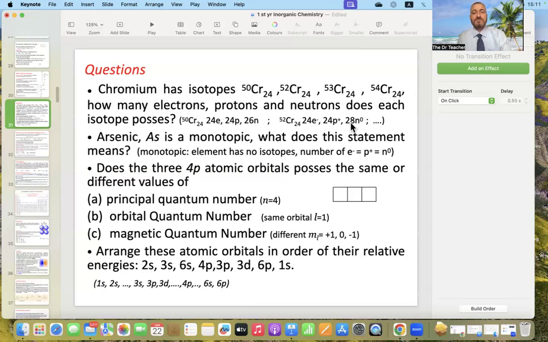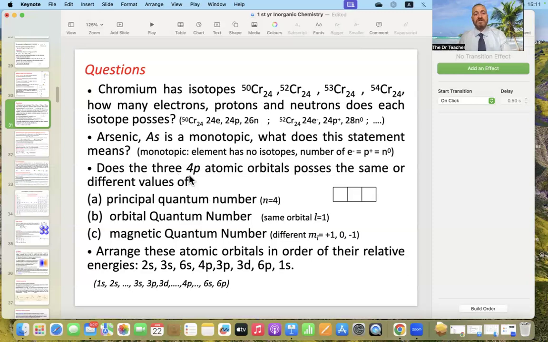So you can determine these depending on the principle we stated: the number of electrons always equals the number of protons, and the number of neutrons is not equal. In a monoisotopic element, yes, they are equal, but in isotopes the neutrons will be higher. So whatever mass number you have, 50, subtract 24 from it, and the remainder will be the neutrons.